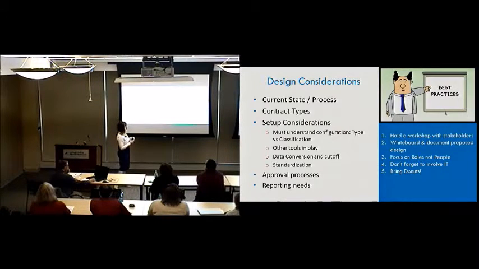We talked a little bit about approval processes and reporting needs. That's very important. So contract management works with LBI, and it comes with a bunch of canned reports. They are better than what Lawson offers for their canned reports. However, they're still very generic, and they may not work exactly for your business model, so you may want to customize them.